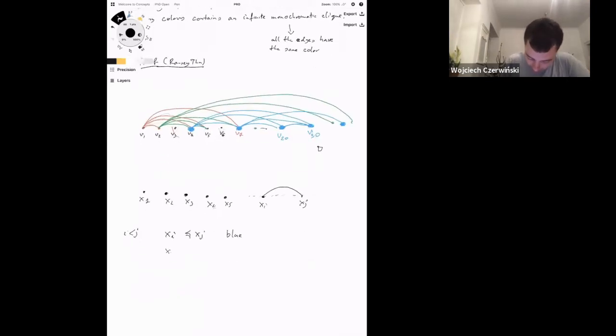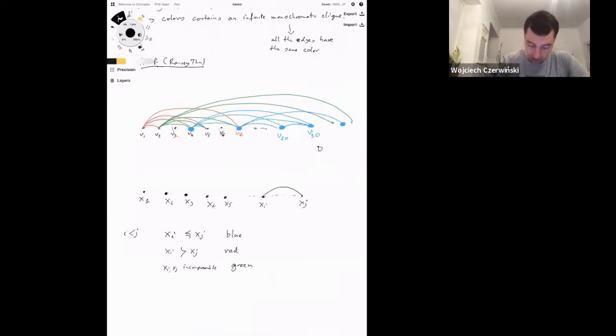If xi is bigger than xj, we color it red. And if xi and xj are incomparable, then we color it green. There are no other options: either xi is smaller or equal, or bigger, or incomparable.